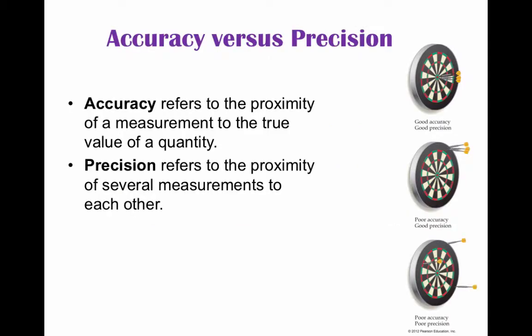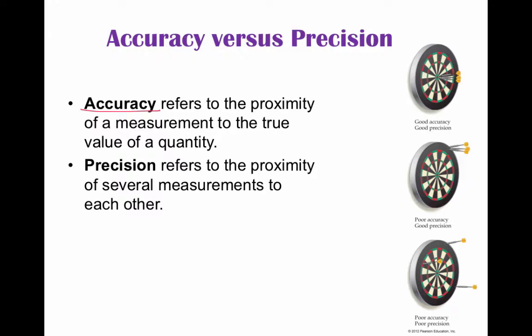It's accuracy versus precision. Accuracy refers to how close our measurement is to the true value. Okay, if we're trying to determine the boiling point of water, how close are we to 100 degrees Celsius? That's accuracy. Precision is how close all of our measurements are to each other.